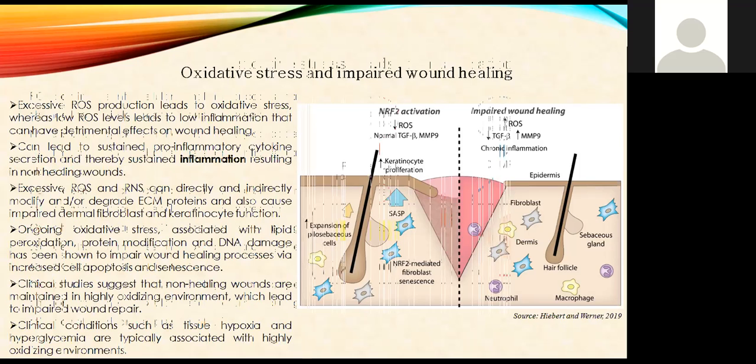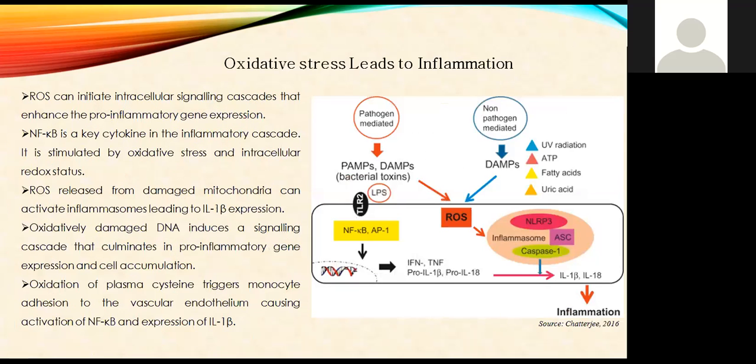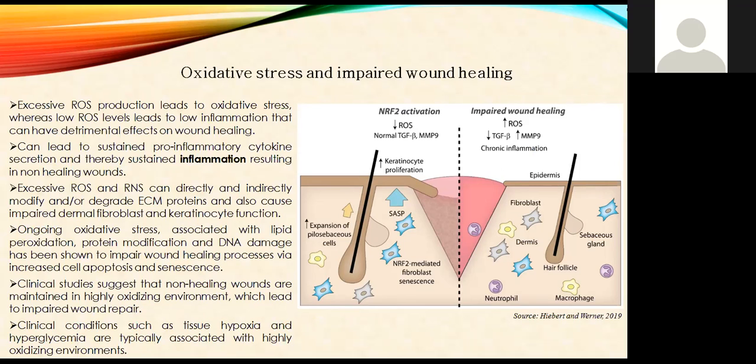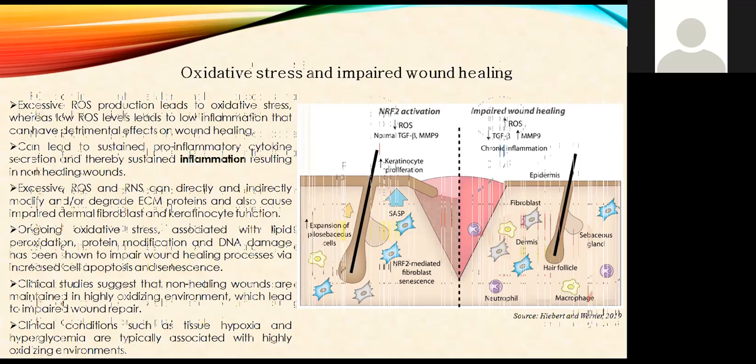And there are some clinical studies that suggest that non-healing wounds, wounds with impaired healing, are present in a highly oxidizing environment. Means tissue hypoxia can also occur when more than the required oxygen is present in the environment. So, next slide.